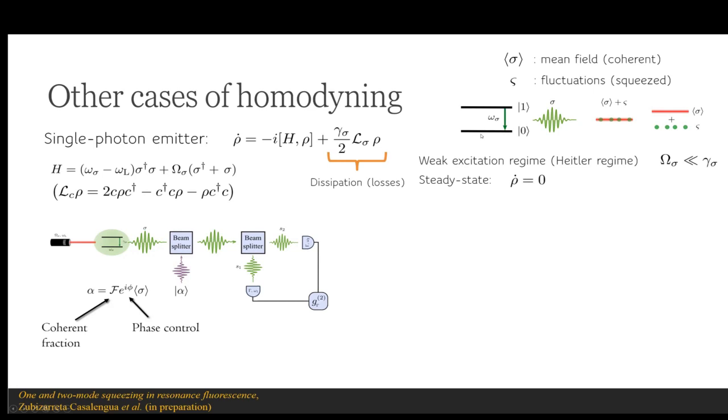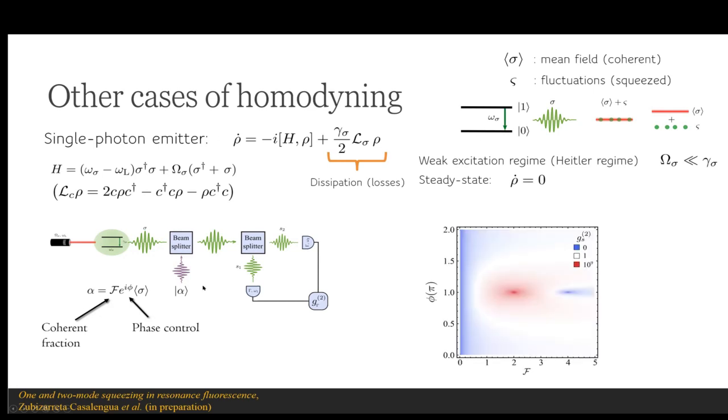An interesting thing is that if we control the phase properly, we can tune the statistics again. In the first case, if we turn off the coherent source, we will find that the Gn are all equal to 0 because it's a perfect single photon emitter.